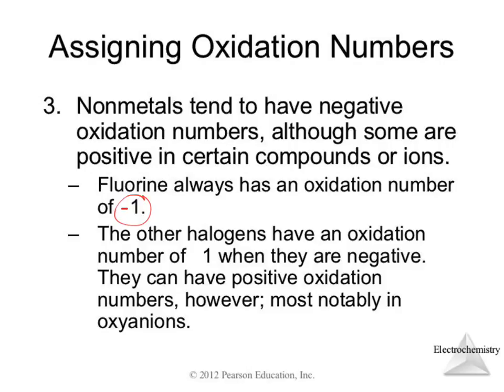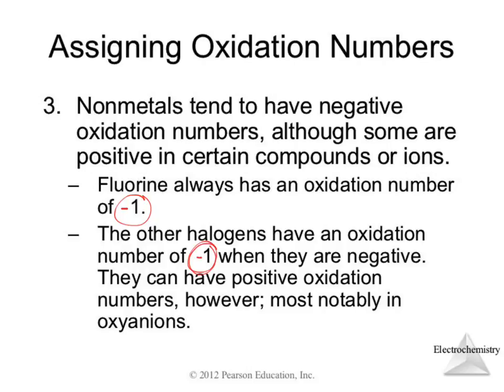Okay. We might expect that chlorine, bromine, and iodine would follow suit because they're all in the same group. They do typically carry a negative charge. When would they not carry a negative charge? When they're bound to, say, fluorine. Why fluorine? Because fluorine is more electronegative than those elements. Typically, we see it pop up with oxygen. So our halogens will again carry a -1.